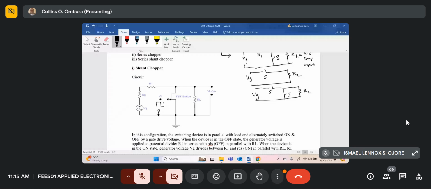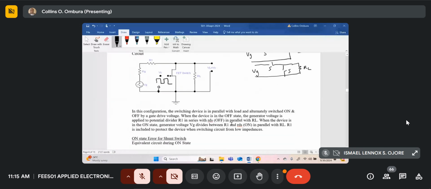So that will be VC of t. So that is your shunt configuration.